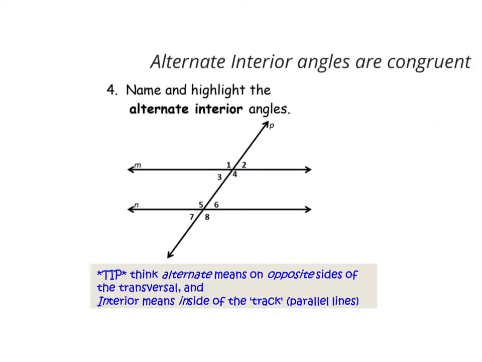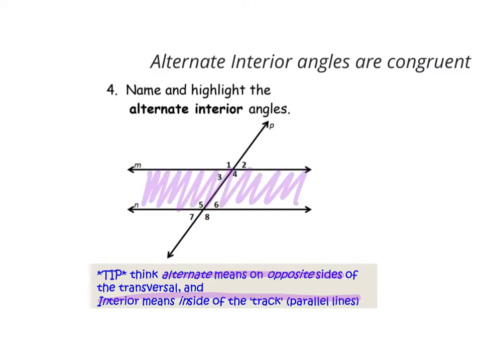The next set of angles we're going to look at are alternate interior. So alternate simply means opposite sides of the transversal, and interior means inside the parallel lines. So we're looking inside the parallel lines, which would be here. That's inside.